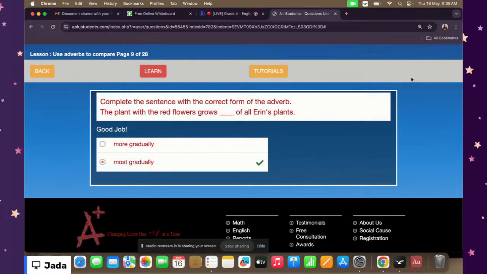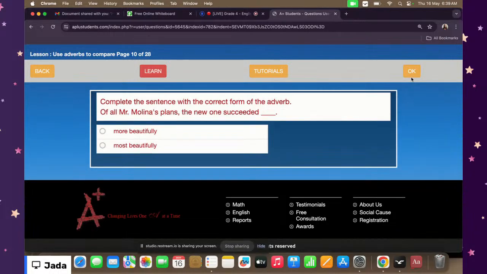Okay. So, do you all understand now the difference between the comparative and the superlative? Do you have any questions? Please ask me. Yes or no?